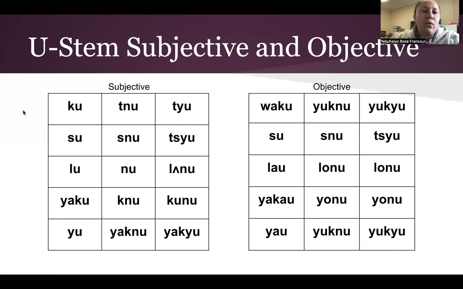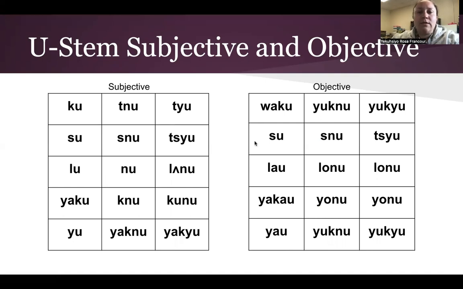Okay, so subjective: goo, zoo, lu, yagu, you, nu, snoo, nu, gnu, yagnu, diu, ju, lanu, gunu, yugyu.